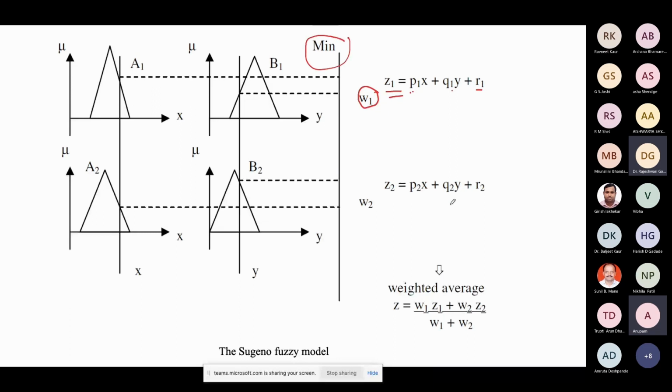Similarly, we can have Z2, and at last we add both with the help of the weighted average method, because we have discrete values. So W1 Z1 plus W2 Z2 upon W1 plus W2. We perform the same way in the centroid method. The centroid method is also a similar type, right?